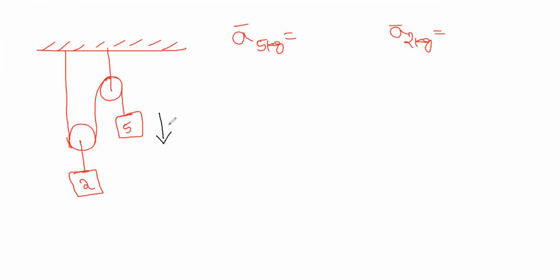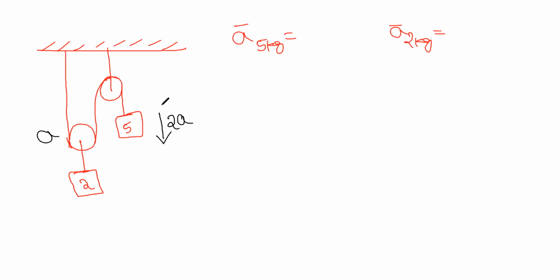You can assume it A also, then this becomes half, A by 2. Since we know it is the same thing, if this is 2A, this becomes A. Now we will just write the equations.